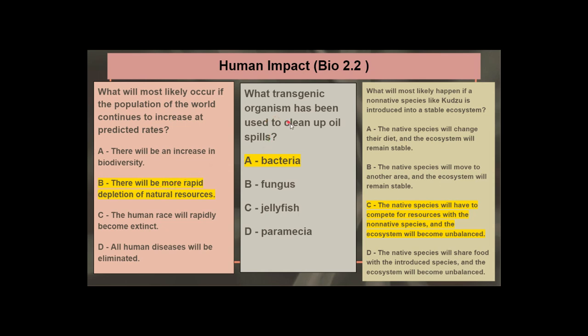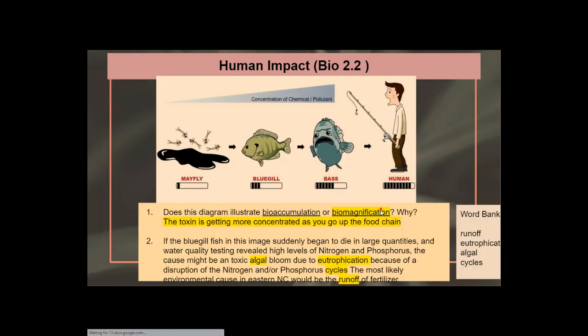The transgenic organism to clean up oil spills is bacteria, so we can genetically engineer bacteria for oil spills. And if you have a non-native species, an invasive species, like kudzu, which is prevalent here in North Carolina, then the native species has to compete for resources with a non-native species and the ecosystem becomes unbalanced. Things like kudzu take over entire ecosystems.